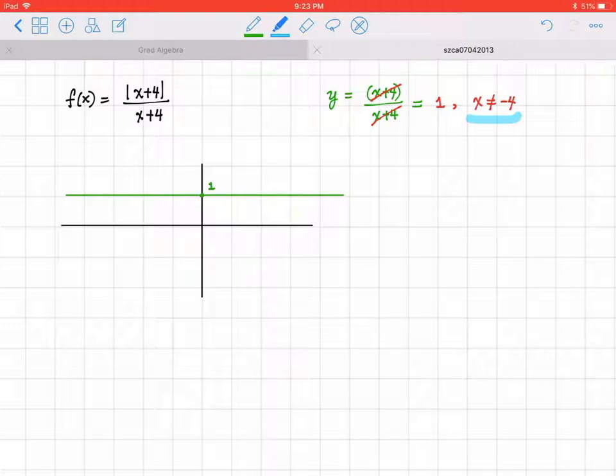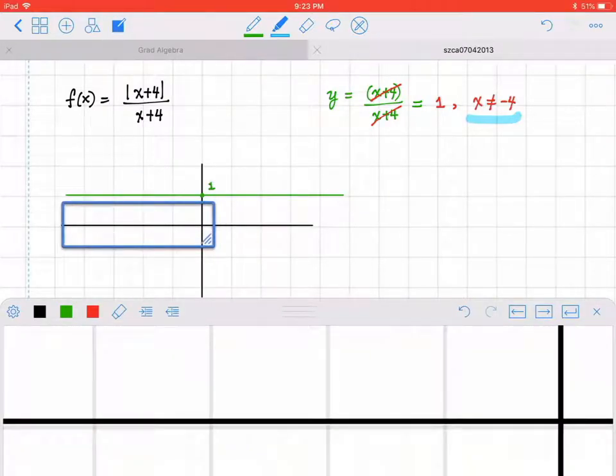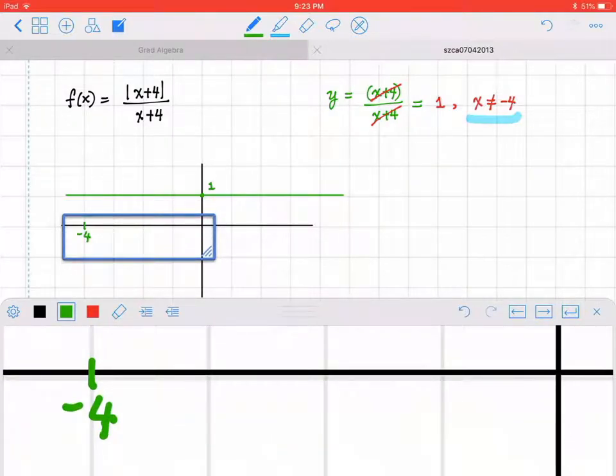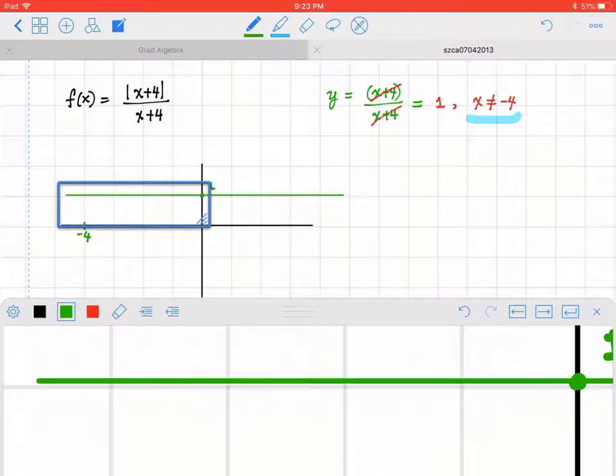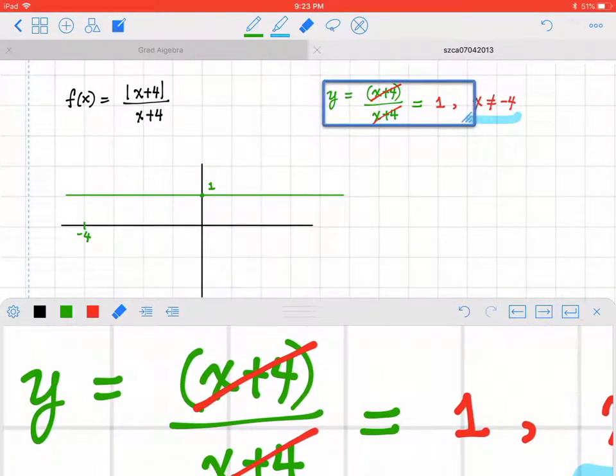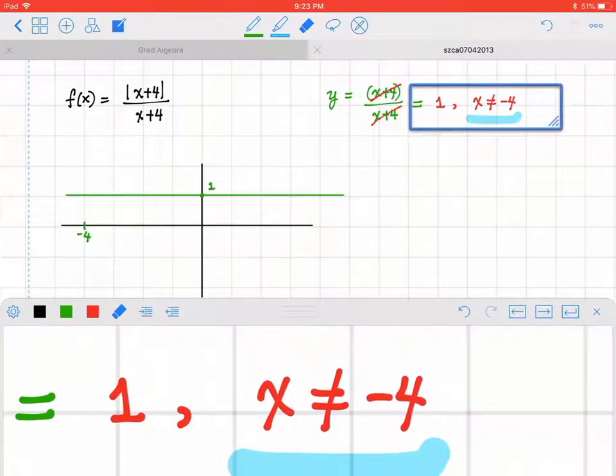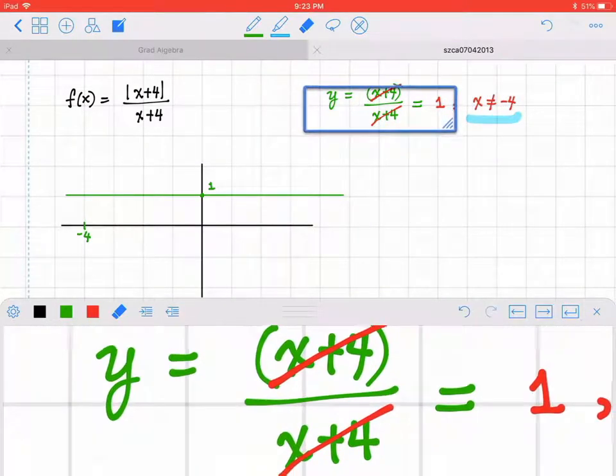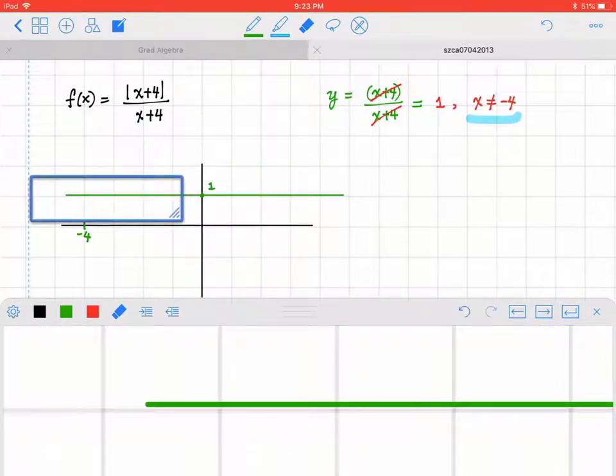Well, here's x equal to negative 4 down here. So that's negative 4. And so what happens right here? Well, as you can see, the function y equals 1 only is valid when x is not negative 4. Otherwise, it's undefined because then the denominator would be 0.